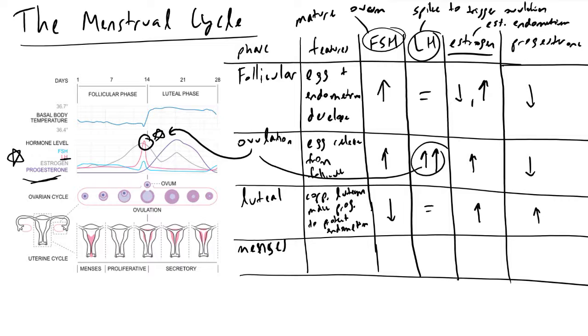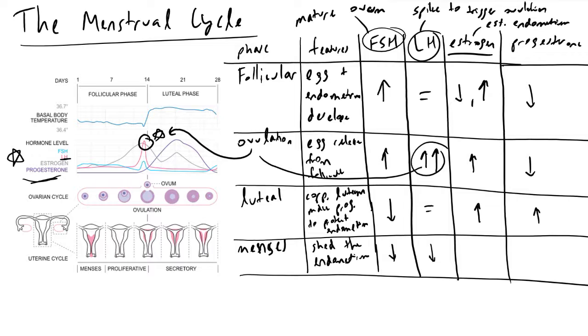And then finally, what happens in menses is we shed the endometrium. And this should hint at the idea that across the board, all of these hormones are going to be dropping because we don't care about maturing the egg anymore.